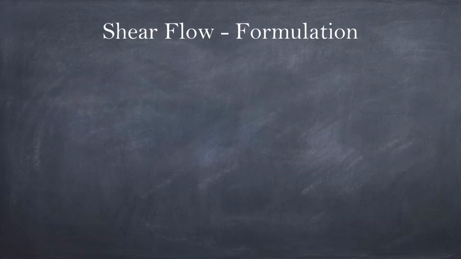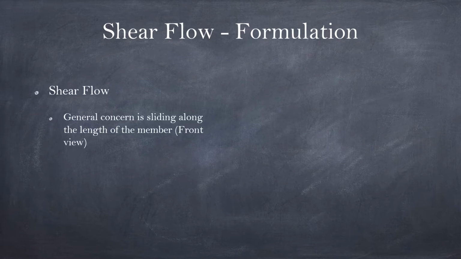Before we start formulating the equation of shear flow, I'd like to clarify certain things so that we don't get confused along the way. First, shear flow is a general concern about sliding along the length of a member, especially when the cross section is made up of two or three pieces of material.